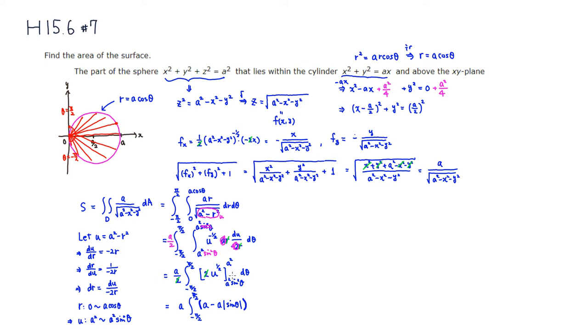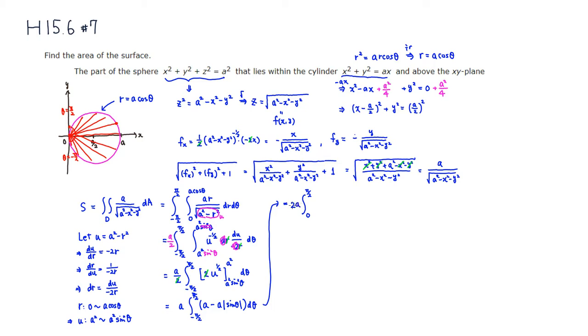Then if you look at that, this is d theta. Oh, hold on. I'm going to go up here so that we have more room to write. Since it's going from negative pi over 2 to positive pi over 2, and a minus a absolute value of sine theta is an even function because of the absolute value, I'm going to go from 0 to pi over 2, then just multiply by 2, so you're going to have 2a.